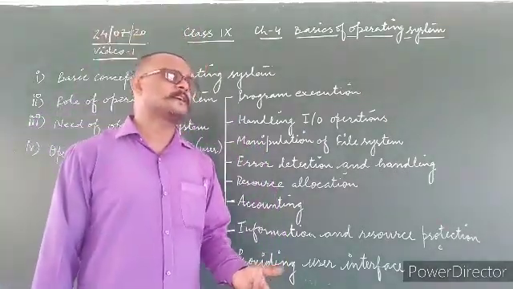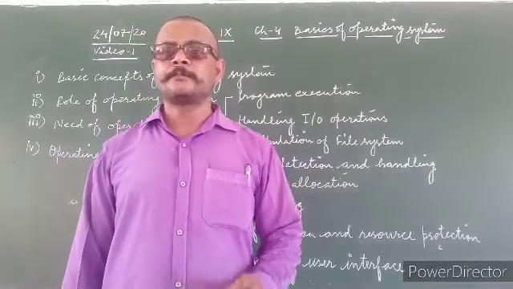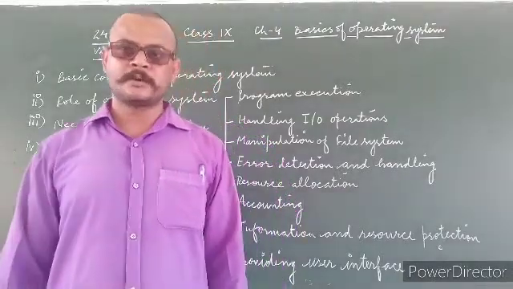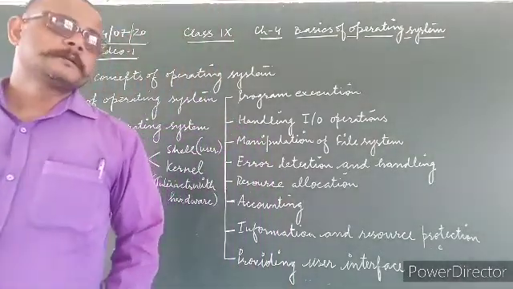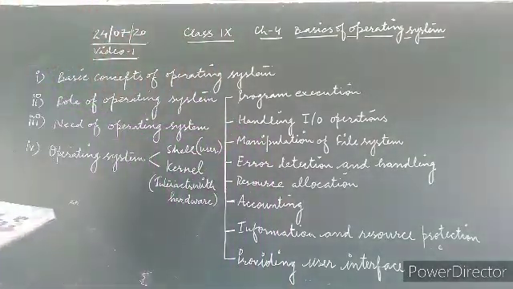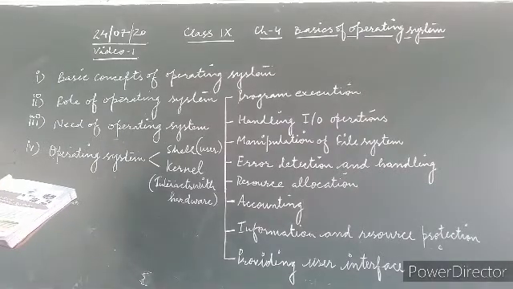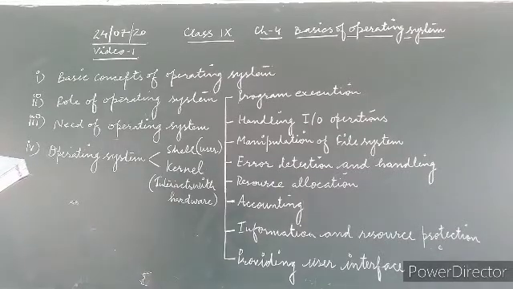In other words, without operating system, a computer is not able to work. So some lines are there: an operating system is a program which acts as an interface between a user and the hardware, all the computer resources.